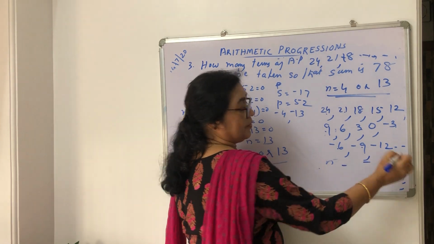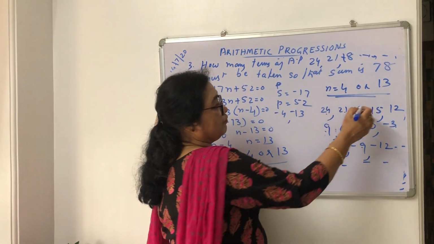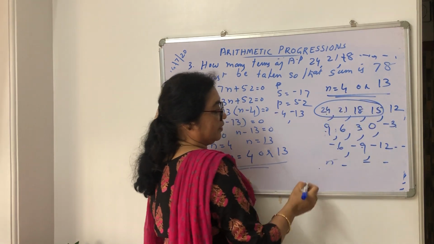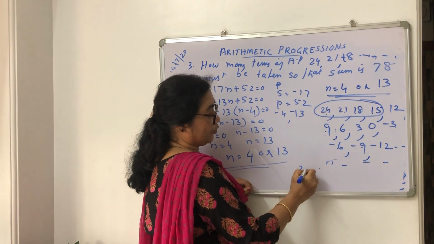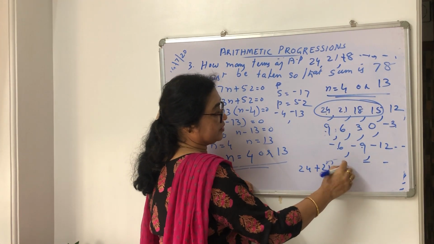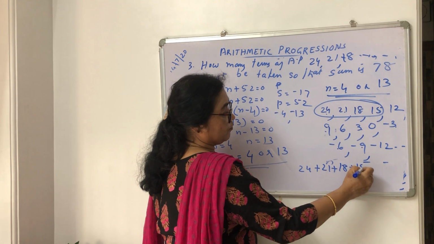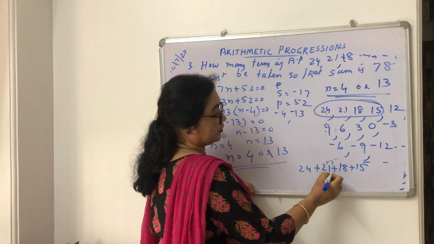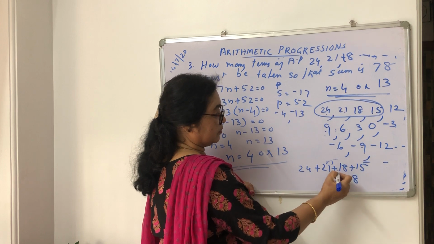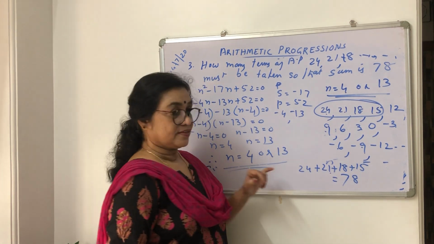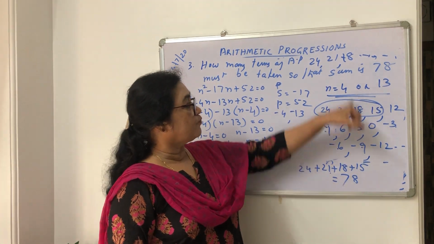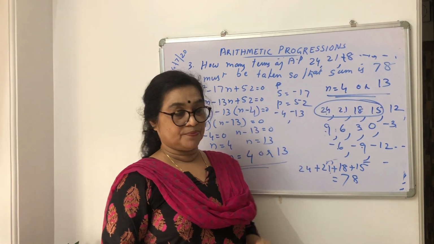This is our AP. So, the first 4 terms: 24 plus 21 plus 18 plus 15 is 78. See, the sum of the first 4 terms is 78.